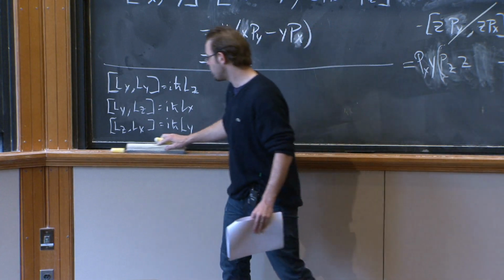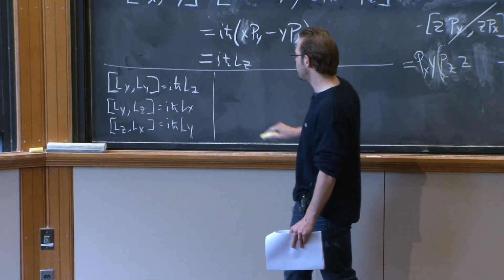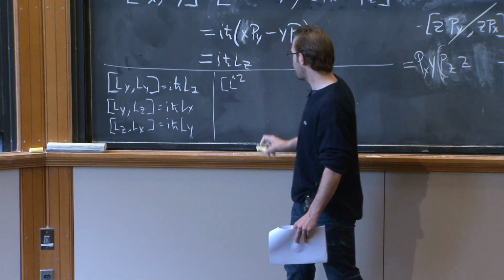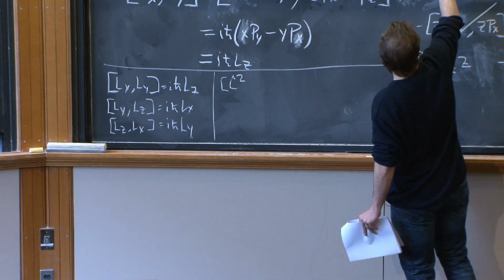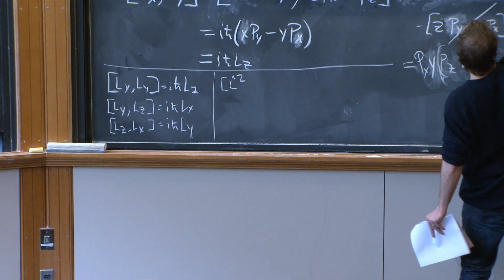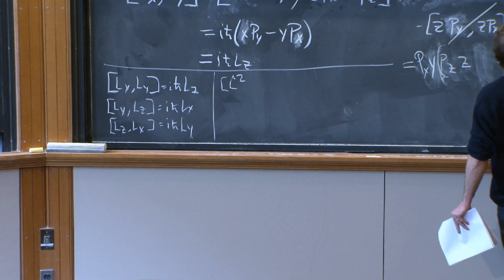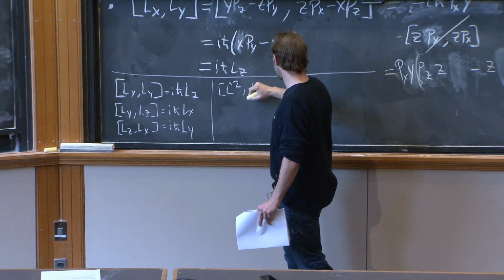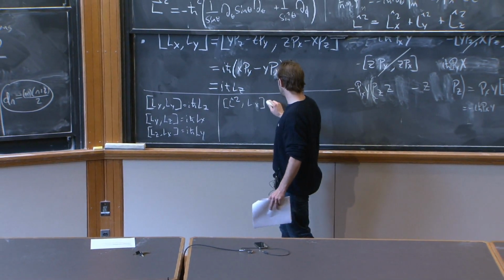And now here's a fancier one. This is less obvious, but exactly the same machinations will give you this result, and you'll do this again on the problem set. If I take L squared, by which I just mean Lx squared plus Ly squared plus Lz squared, the norm squared of the vector in operator form, then L squared with Lx is equal to 0.